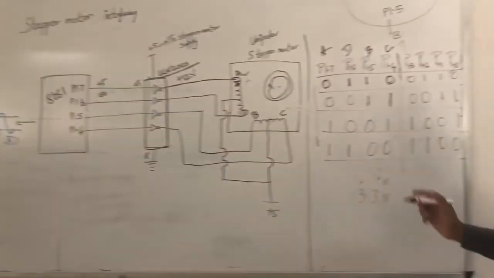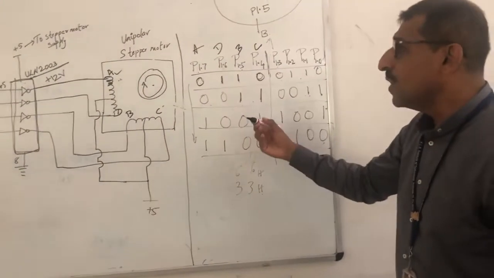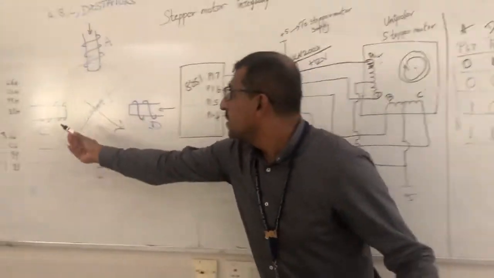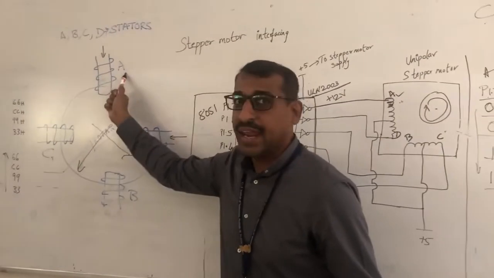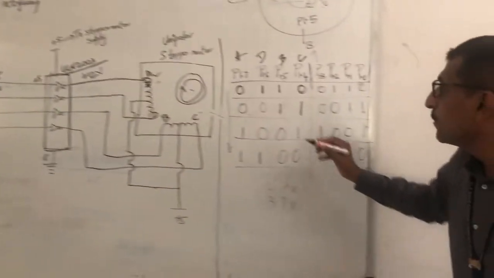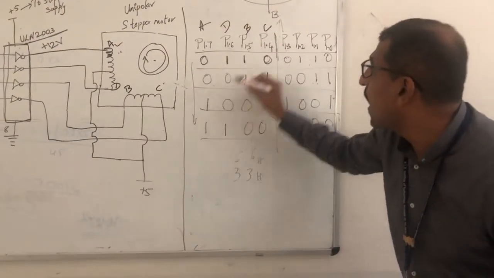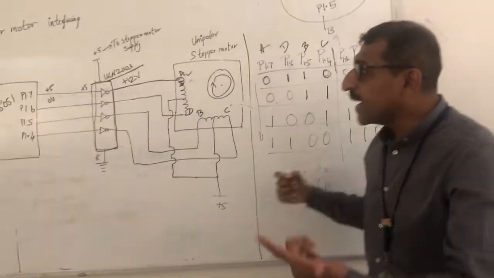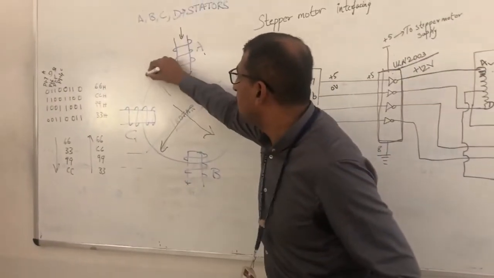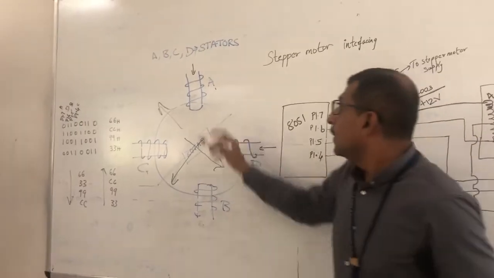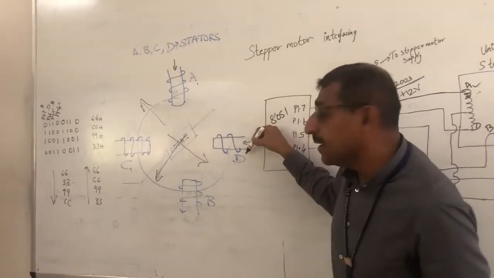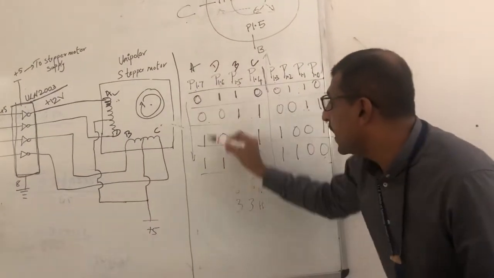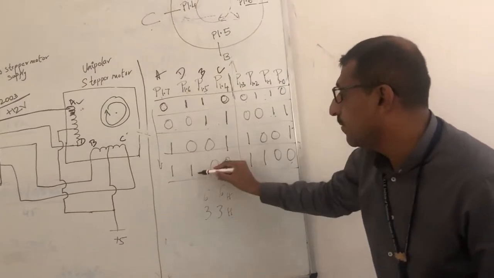So in the next sequence, you will have to energize C and A. You can see here, A is energized and C is energized, right? So it will come and stand here now. Next we will have to energize A and D. If you have to energize A and D, it is A equals 1 and D equals 1.